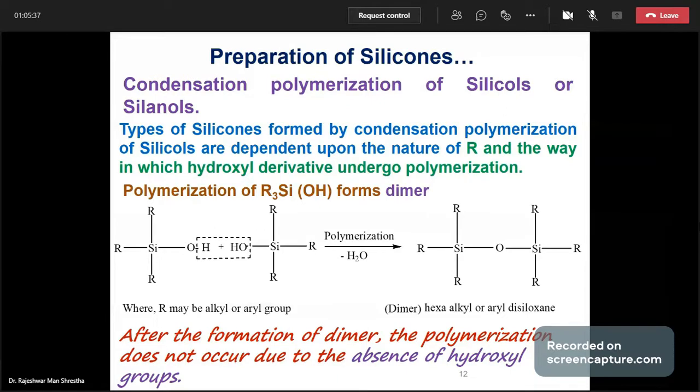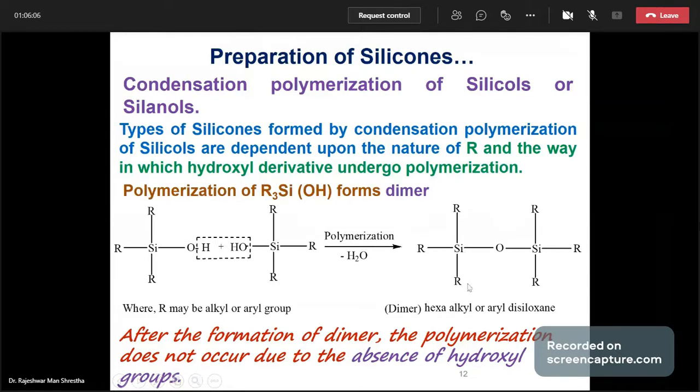What type of silicone forms depends upon what type of silanol is used. The silanol may contain one OH group, two OH groups, or three OH groups. If we use one OH group silanol, then we are able to get a dimer. For example, this one OH group silanol reacts with the next silanol, and in this process water is lost.